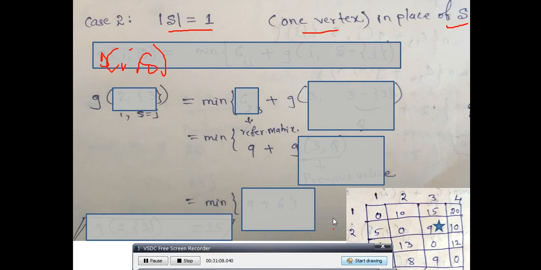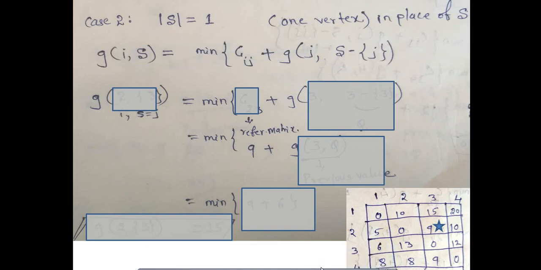Now g(i, S) equals minimum of c(i,j) plus g(j, S minus j), this is the general formula. Now substitute this value. I is what? See, these all are I values. One is the source vertex, so leave. I values are 2, 3, 4.